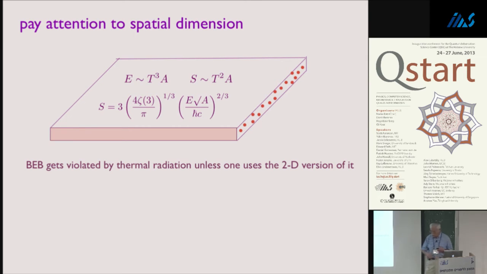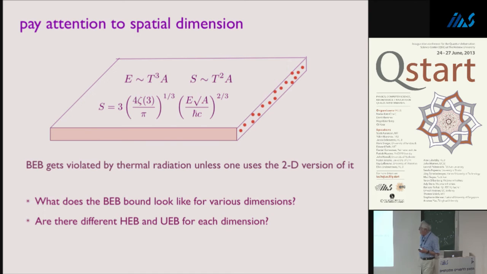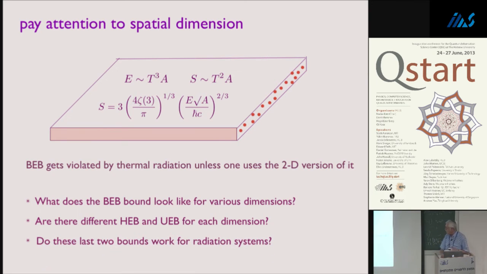So the first question that I have is whether you really have a Boltzmann entropy bound which varies in form from dimension to dimension, from 2, 3, 4 dimensions. Are there different holographic and universal entropy bounds for each dimension? Finally, do these last two bounds work for radiation systems?